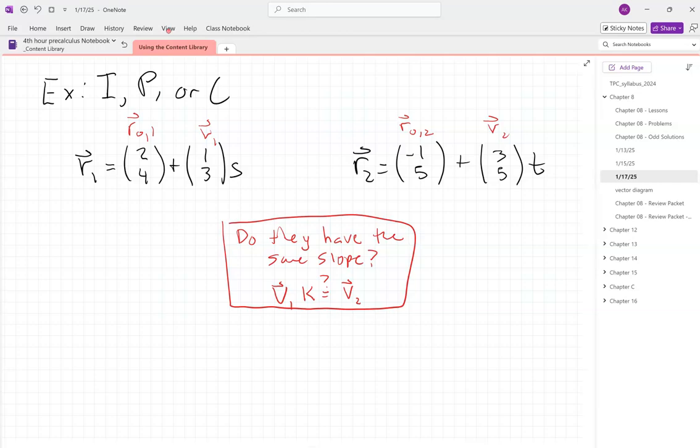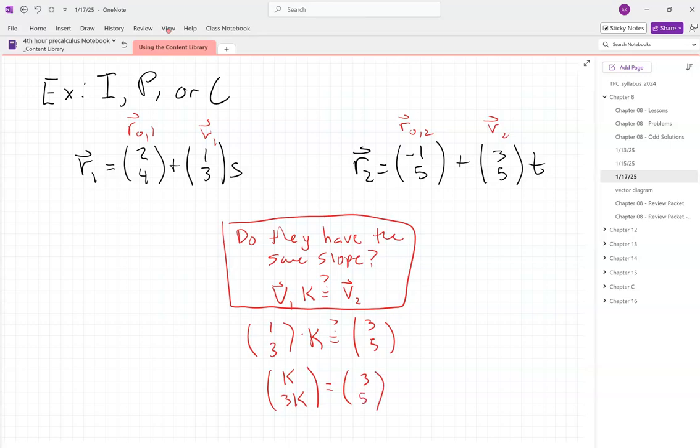So to check this, we're going to say (1, 3) times k and see if that equals (3, 5). Well, if I do the scalar multiplication, basically that first vector becomes (k, 3k).